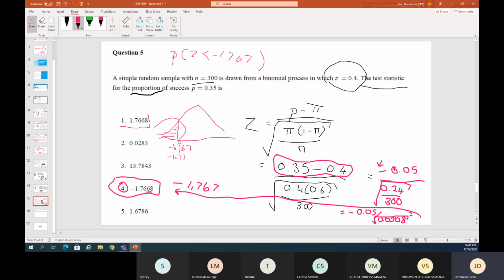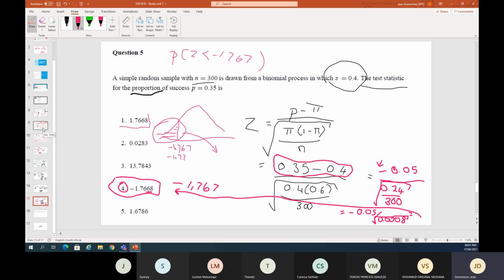We can get that area from the negative table, or we could go to the positive table and take 1 minus the value in the positive table. So from the same question, they could have taken it a step further and asked you to work out the probability as well.